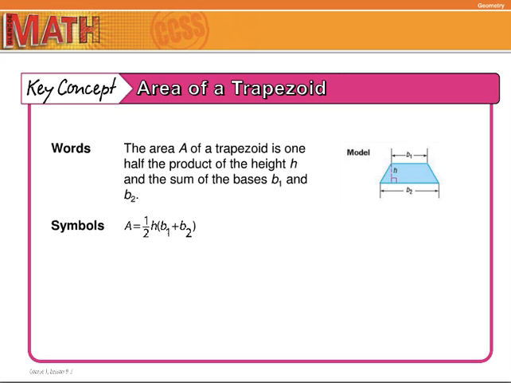So let's think, it's 1/2 the product. What is a product? That's right, it's multiplication. Okay, it's 1/2 the product of the height and the sum of the bases B1 and B2. Okay, so what we mean by B1 and B2 is a trapezoid kind of has a shorter top and a longer bottom.